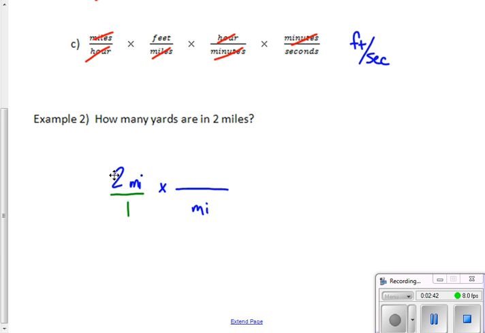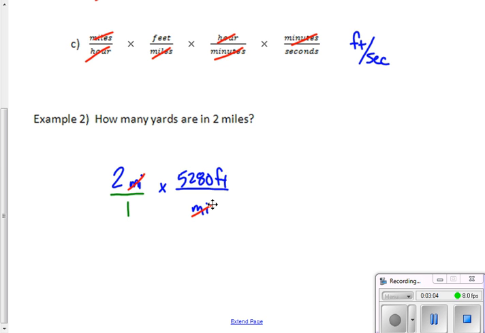So we need to figure out what would be the next thing we could convert to. Well, miles to feet. Well, there are 5,280 feet per mile, and if you look at that, it's saying 5,280 feet per mile. So that's basically what that fraction is mentioning. Now if you look at this dimensional analysis here, you would actually get rid of miles, so you'd be left with feet.